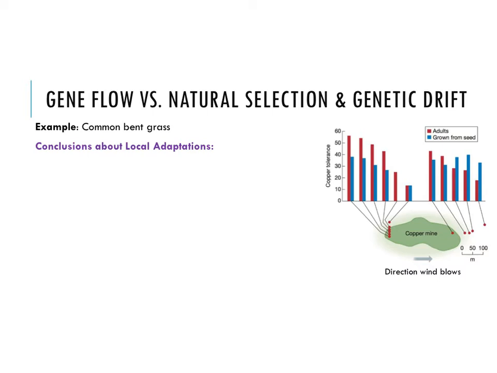So on the mine, adults are more tolerant of copper than the plants grown from seeds.